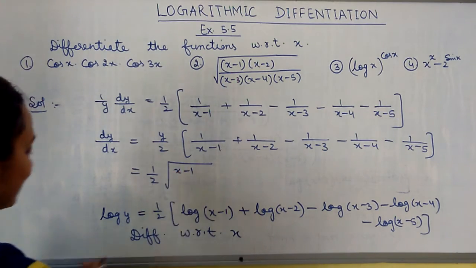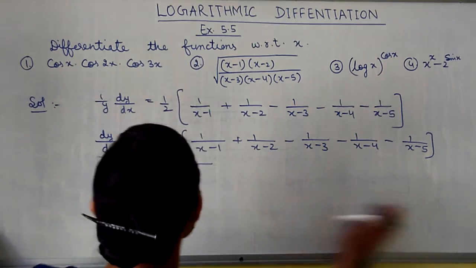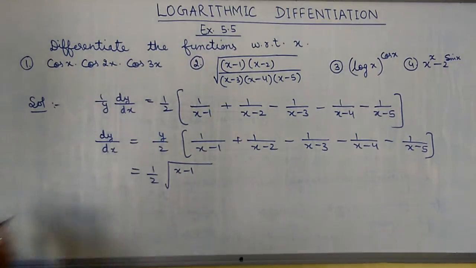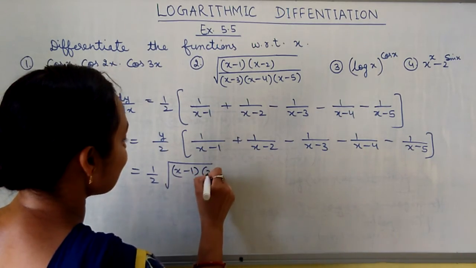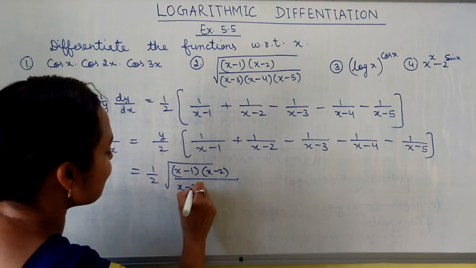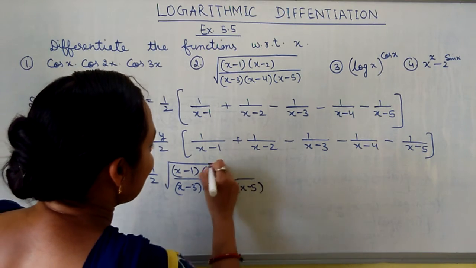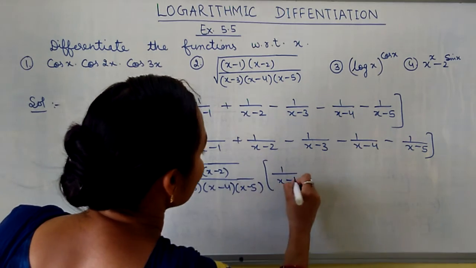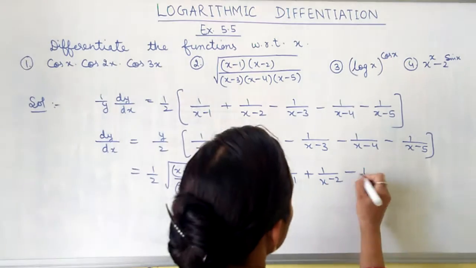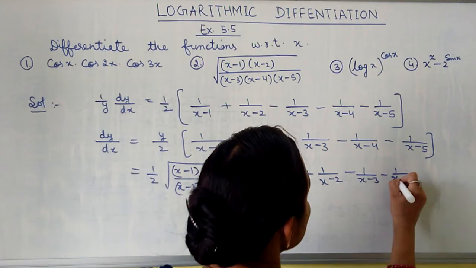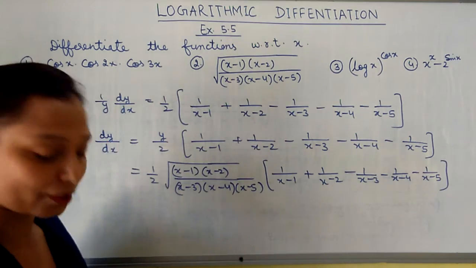That is x minus 1, x minus 2, x minus 3, x minus 4, x minus 5, given at the start, and again inside the bracket we have the same term, 1 upon x minus 1 plus 1 upon x minus 2 minus 1 upon x minus 3 minus 1 upon x minus 4 minus 1 upon x minus 5. So this is the way to do the second question.